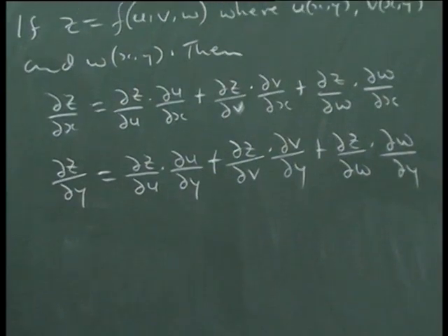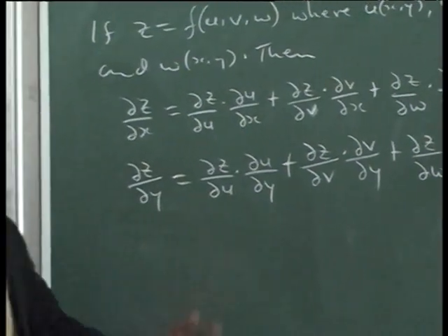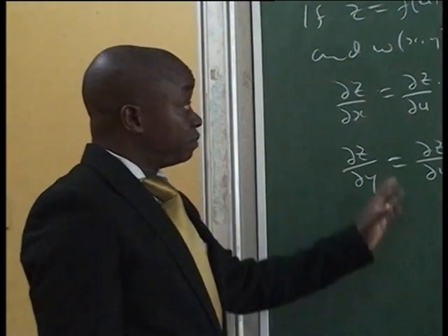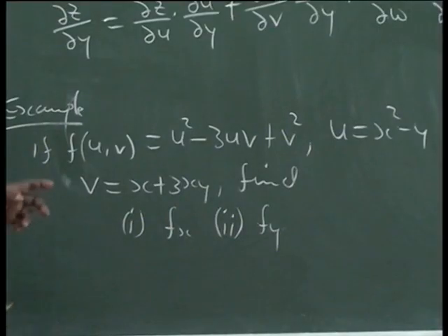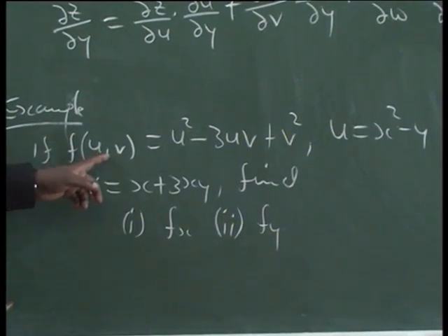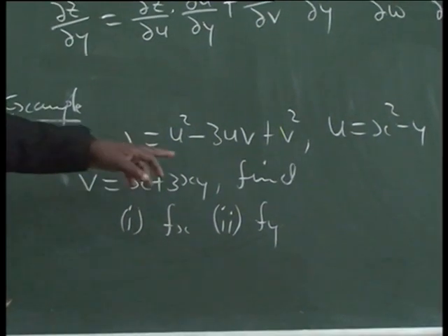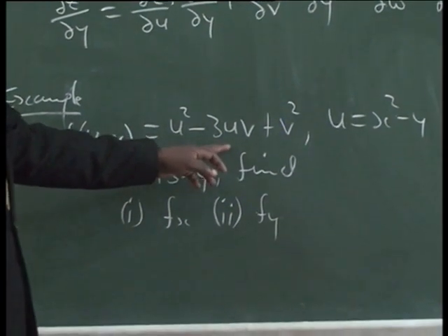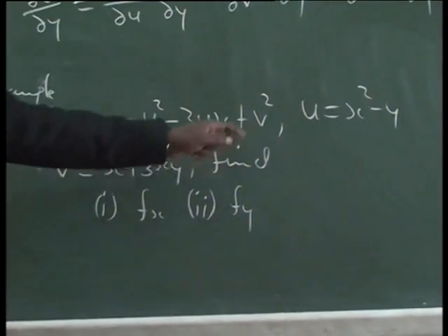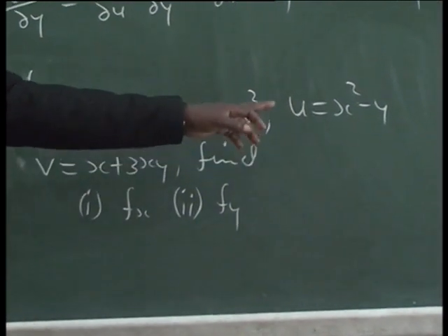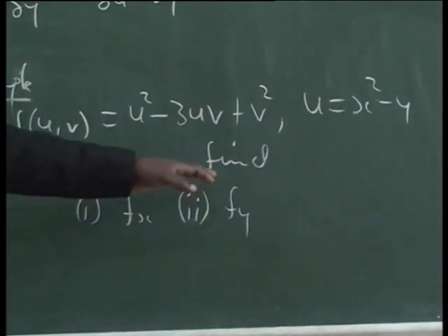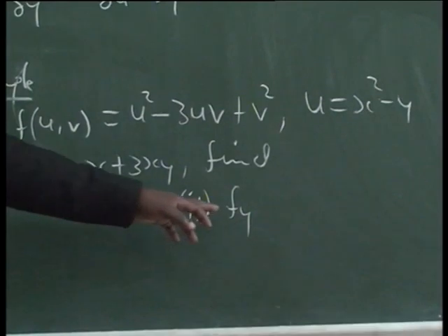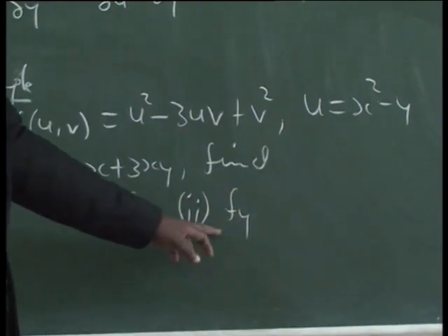Now we will take an example and see how we can apply the chain rule in partial differentiation. So example: if f of u, v is equal to u squared minus 3uv plus v squared, and u is equal to x squared minus y, v is equal to x plus 3xy, find partial f partial x and partial f partial y.